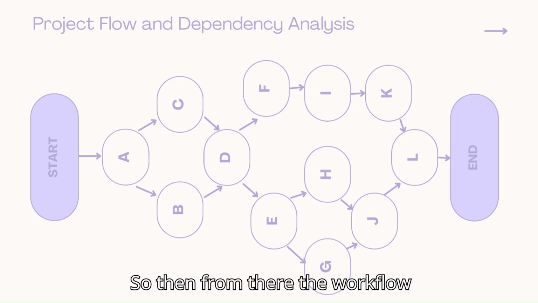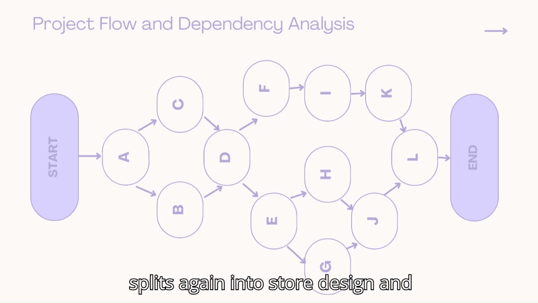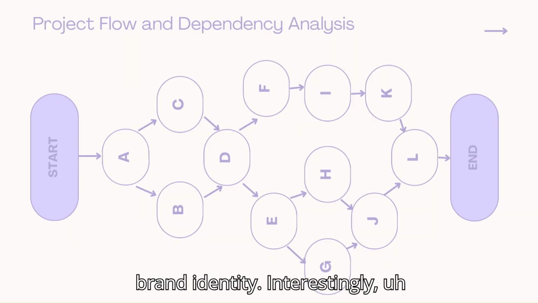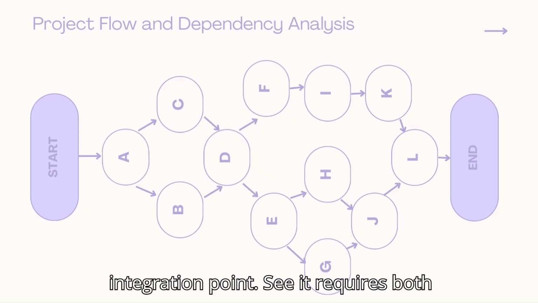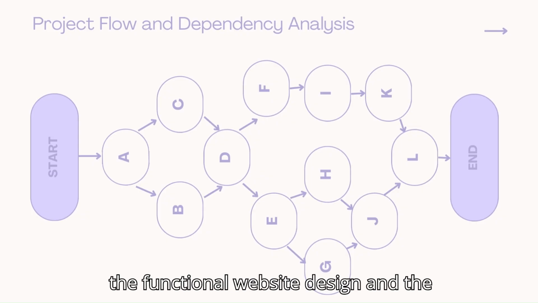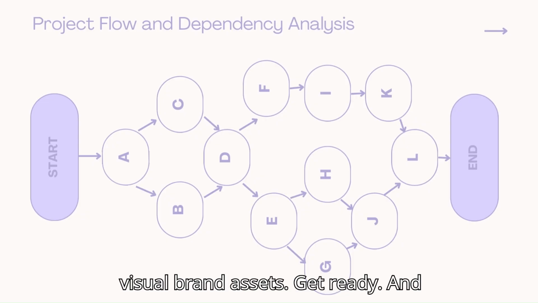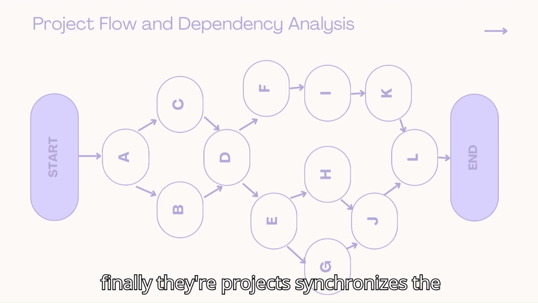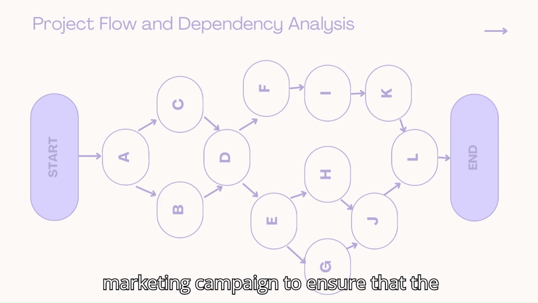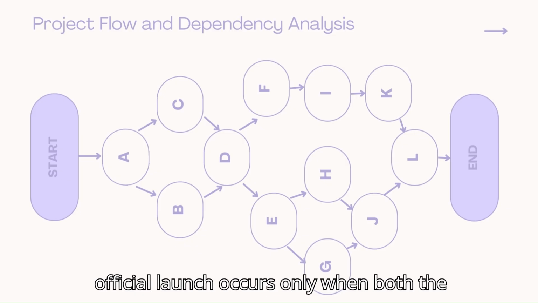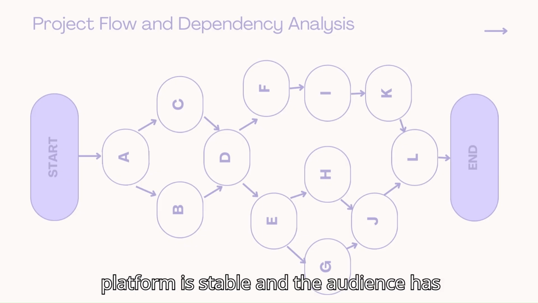From there, the workflow splits again into store design and brand identity. Interestingly, activity H is the bottleneck or integration point, as it requires both the functional website design and the visual brand assets to be ready. And finally, the project synchronizes the technical functional testing with the marketing campaign to ensure that the official launch occurs only when both the platform is stable and the audience has been reached.